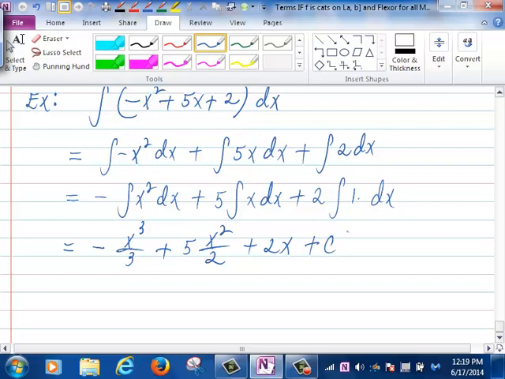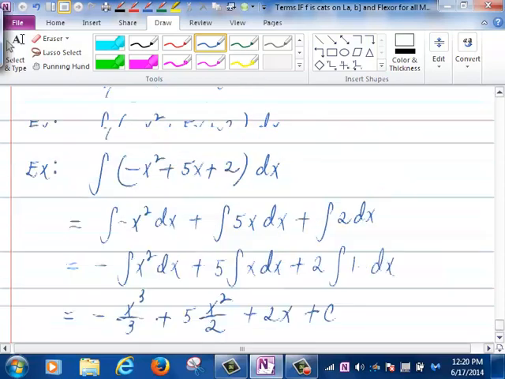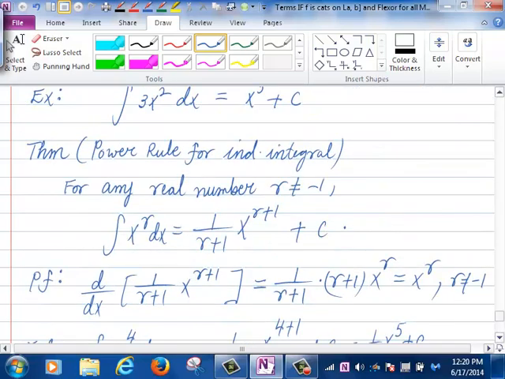Okay? Is everybody doing okay? The last step? Yeah, we are using the power rule, right? The power rule says the integral of x to the r is x to the r plus 1 divided by r plus 1. Right?